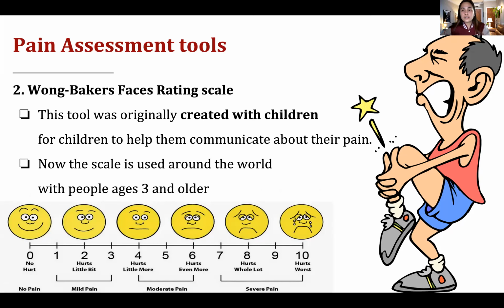They just point out the faces that show their pain level. So happy, and then it is changing into other levels. So that is the Wong-Baker Faces Rating Scale for people ages 3 and older.